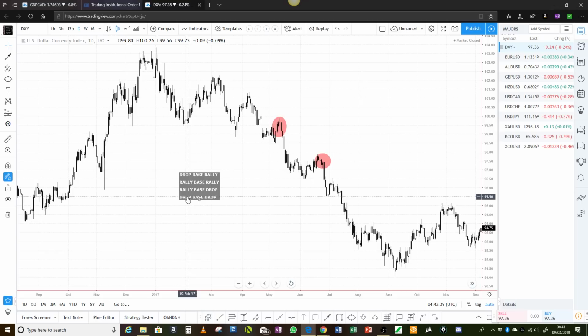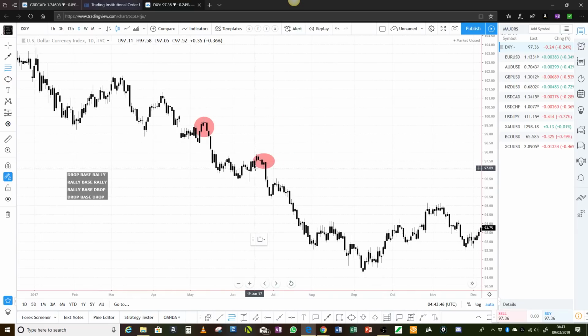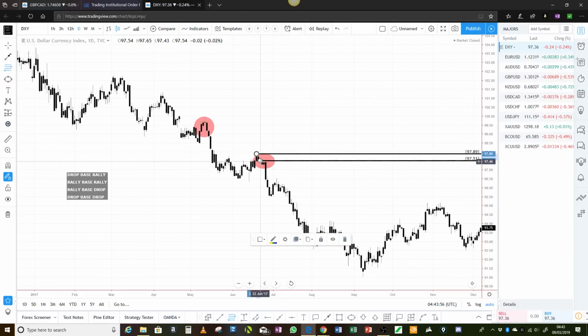Is it a drop base drop? Obviously, in this case, it's a rally. Price bases, they drop, they base again, they drop. So in this example, you actually have two levels, two examples of the supply zones together.